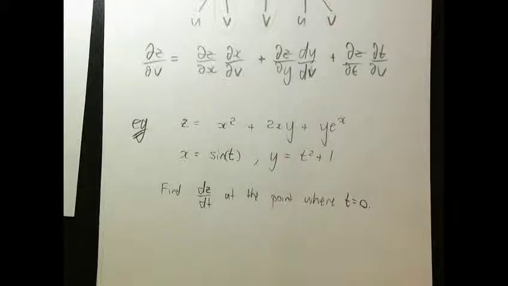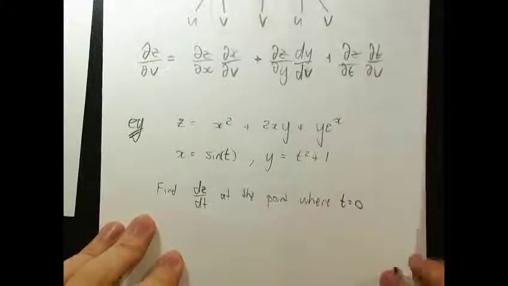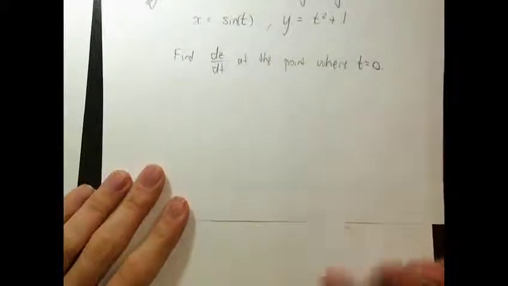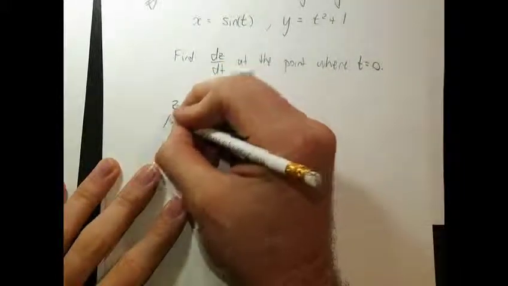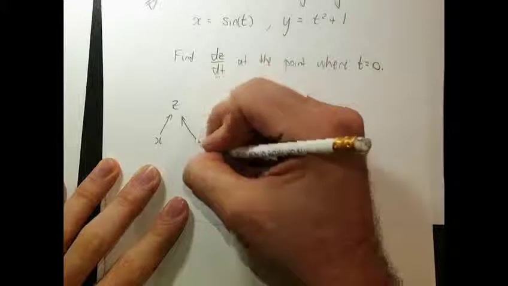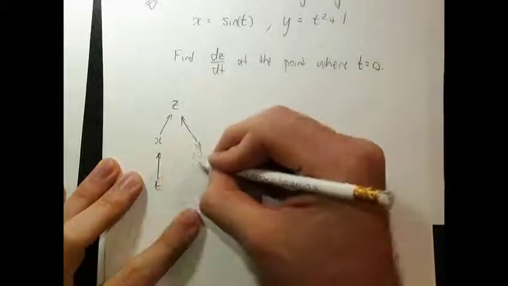Okay, so that means I'll draw my diagram and it will tell me what to do. My diagram goes that z is a function of x and y, and they are both functions of t.